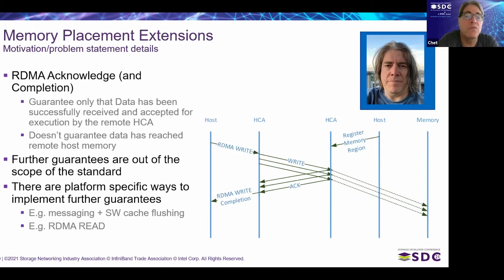And so there are other ways of guaranteeing the data has been placed correctly, and that's usually done through platform-specific means. Special messaging, sending a send command with a list of locations to flush, and waking up software on the responder side and having it do the flushing for you, or maybe bypassing cache and using an RDMA read to flush previous writes because of the pipeline ordering guarantees.